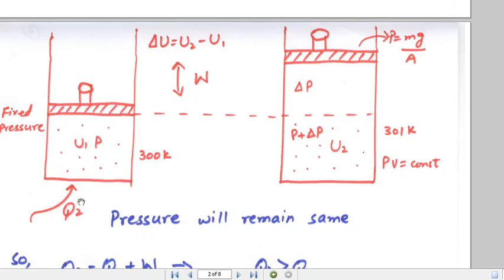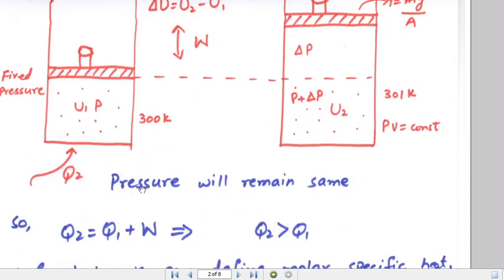Whenever you are adding heat, this added heat will result in a slight increase in pressure within the system, which will exert force on the piston, and the piston will move upwards. And since we are interested to keep the pressure of the system constant, the volume and temperature will adjust themselves in such a way that the pressure of the system remains constant.